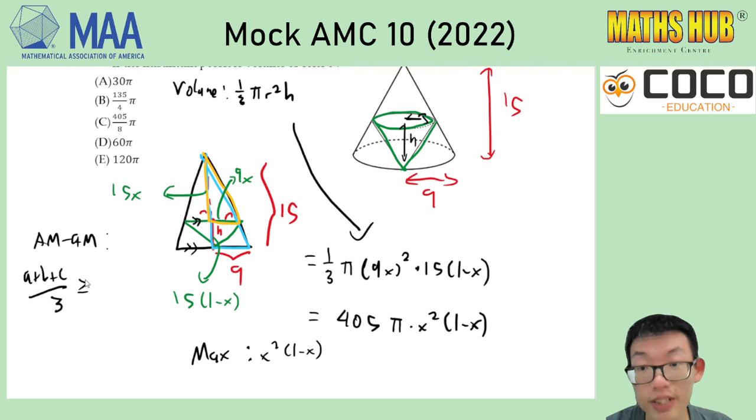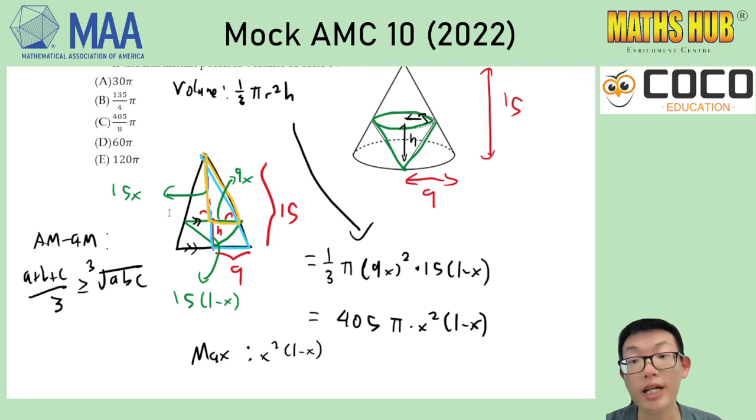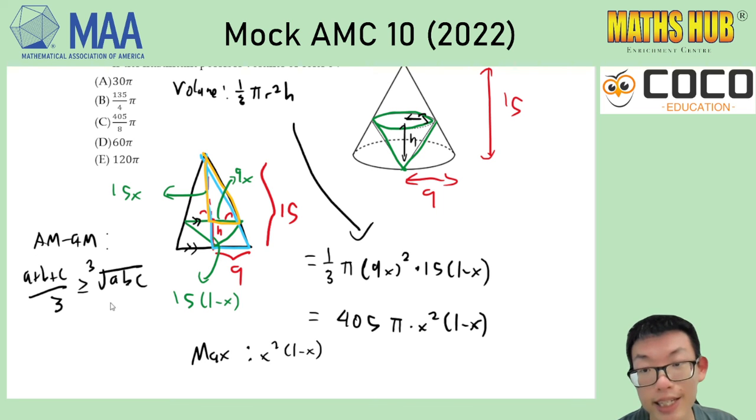The arithmetic mean, the usual average, is greater than or equal to the geometric mean, which is the product and then take the root. So if I want to get a maximum on a product, I can use the other direction as long as the things that I were multiplying sum to a meaningful total.